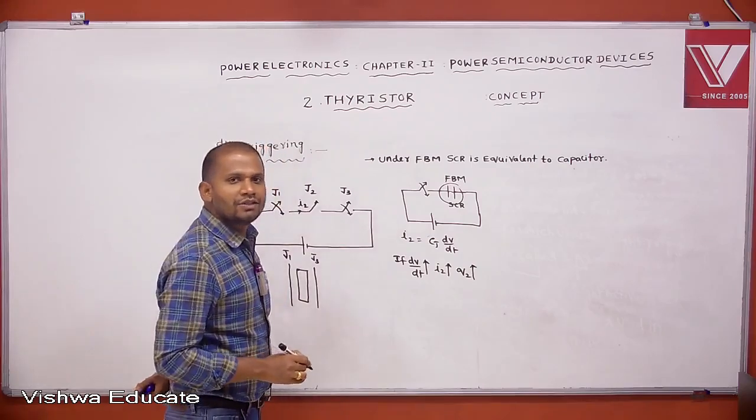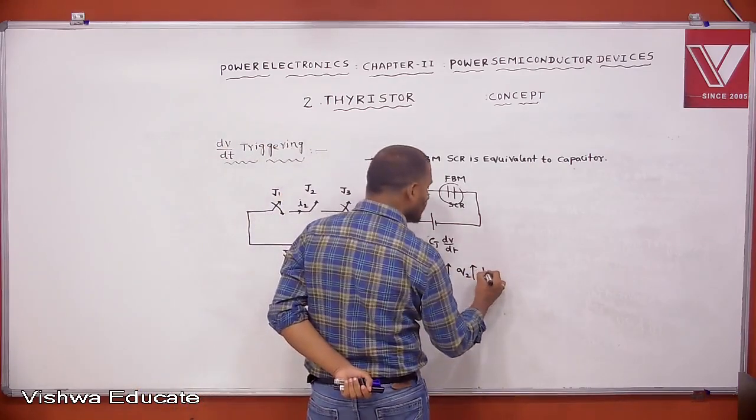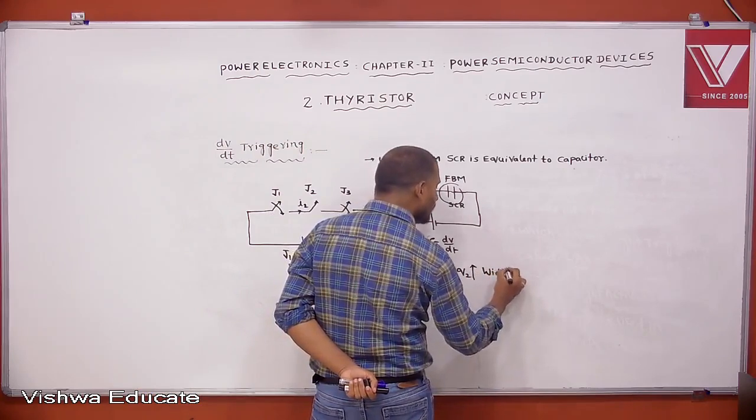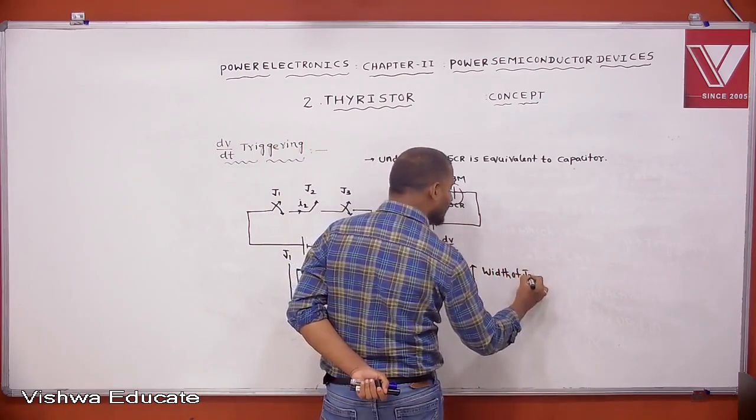If the charge at J2 junction increases, what is the width of J2? Width of J2 reduces.